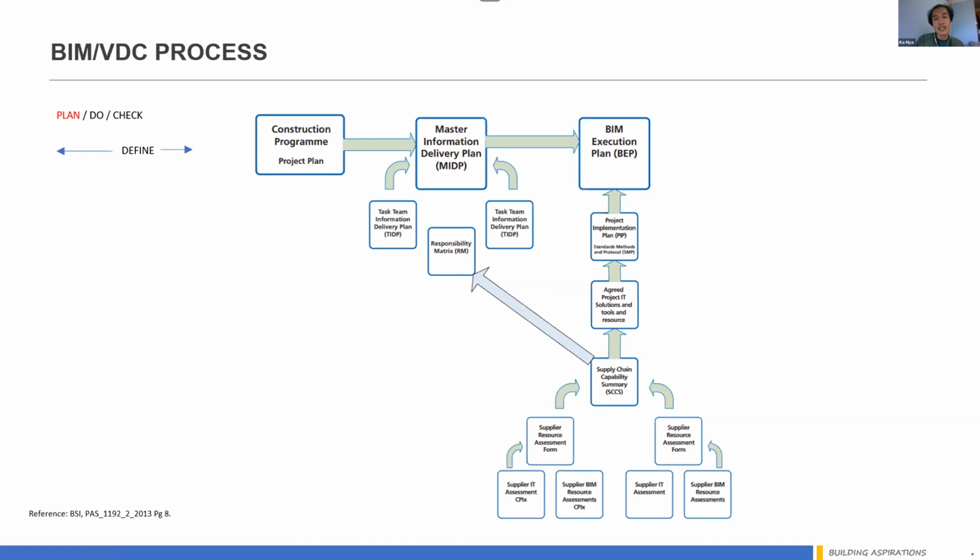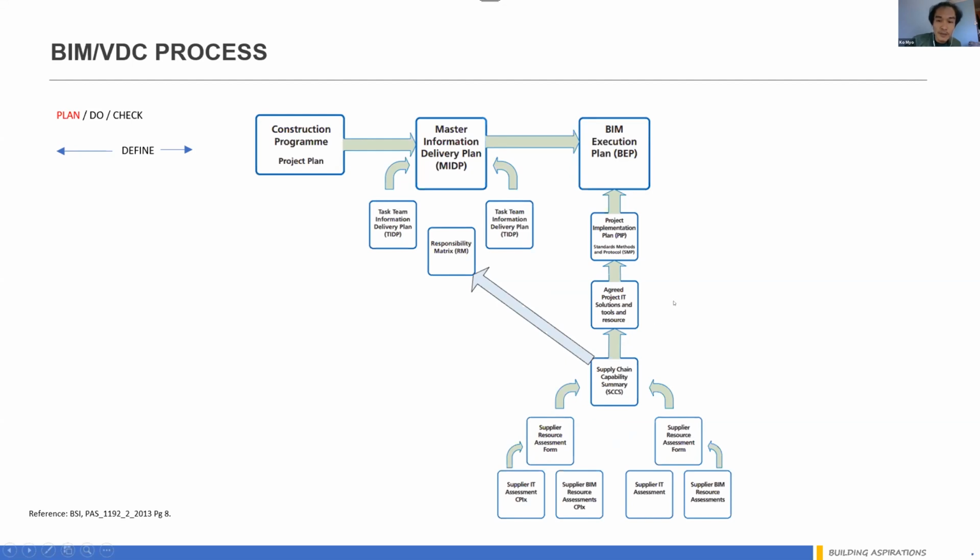The reason is our supply chain is not the same. Supply chain is about our subcontractors or suppliers, and their BIM capability is not the same. For example, their BIM resources, their understanding, the software they have, all those are not the same. So we definitely need to drill down to what our supply chain capability is.